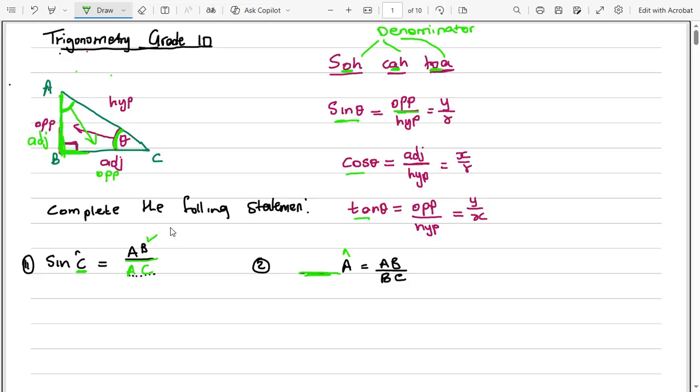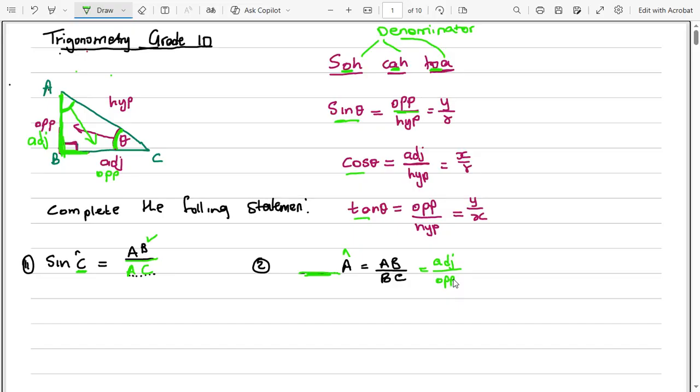You're going to say, okay, this is AB. So the AB is your adjacent, and the BC is your opposite. Which one is adjacent over opposite? Do we have that?